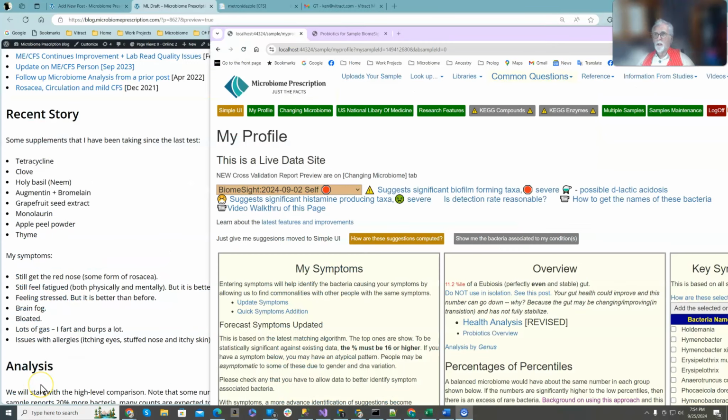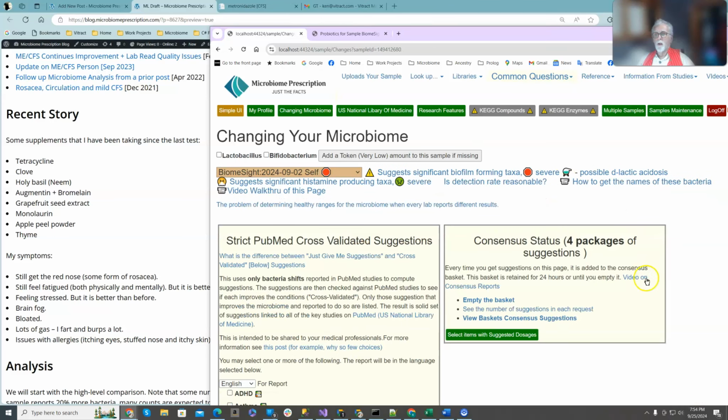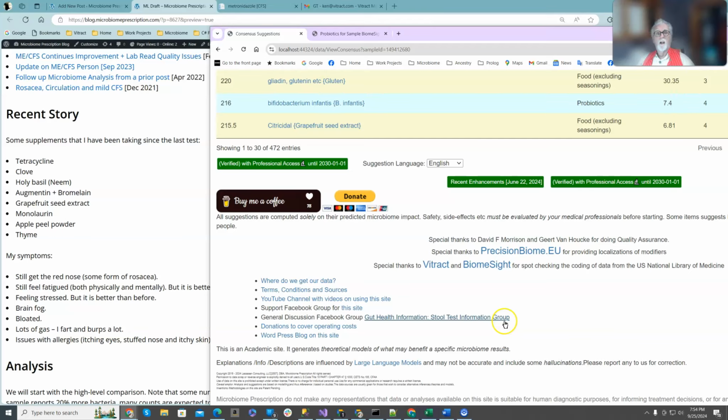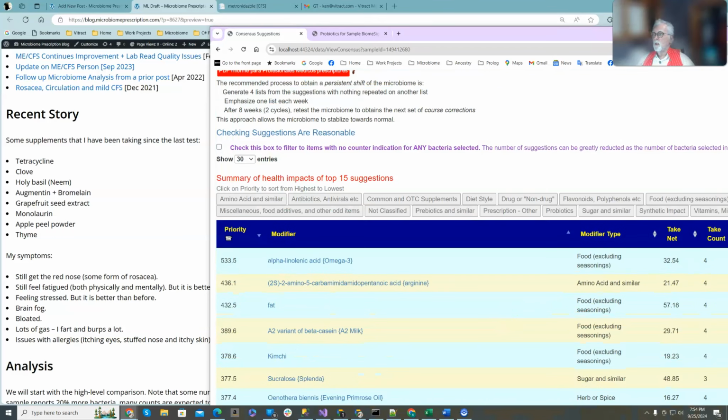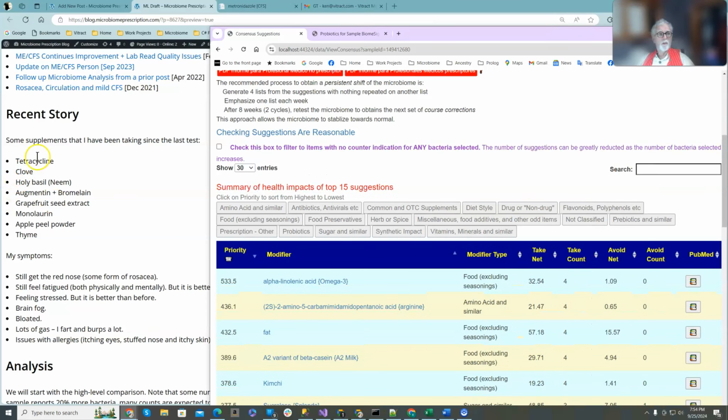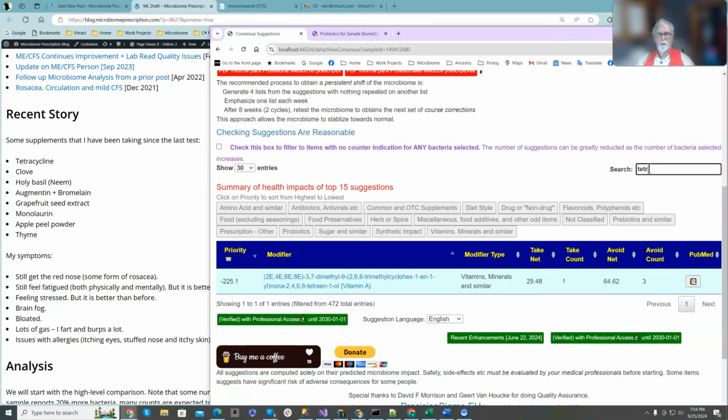Okay, and I just remembered the last thing I was wanting to do is going to the old UI, changing microbiome, and now we can look at the consensus view, which shows everything, and we have 472 items listed there. And what I'm going to do is just see where things are going.